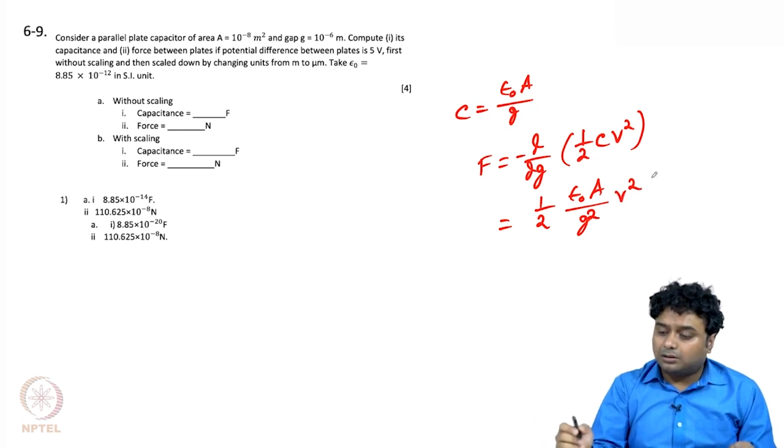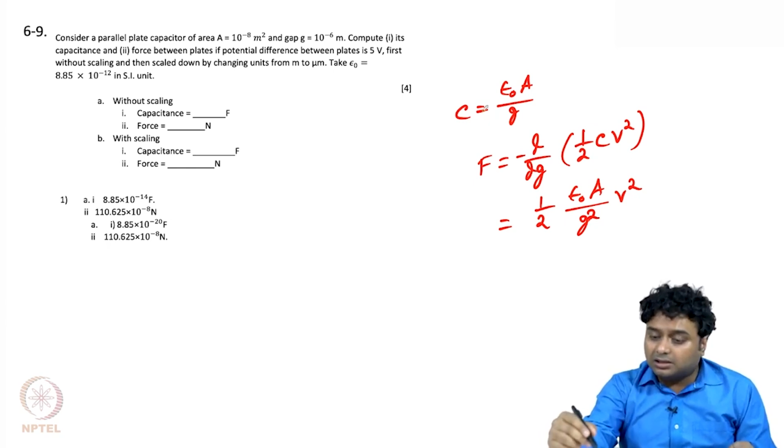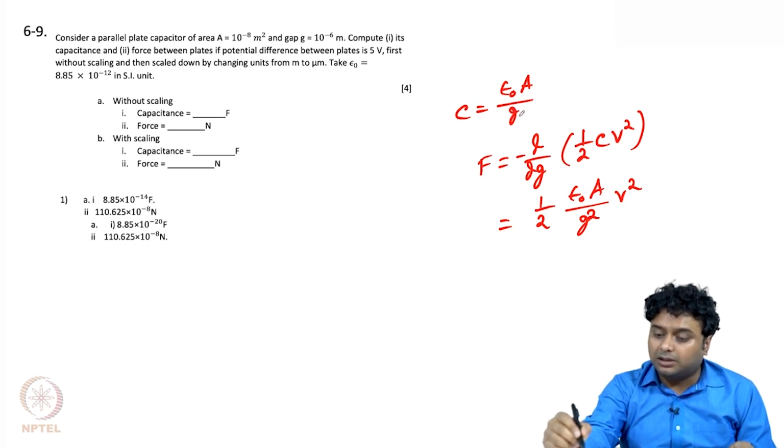Now the point I would like to clarify here, see that for the capacitance C, in the numerator it is area, and in the denominator it is only a length scale, that is the gap. So the scaling effect, like changing the unit, will affect the capacitance.